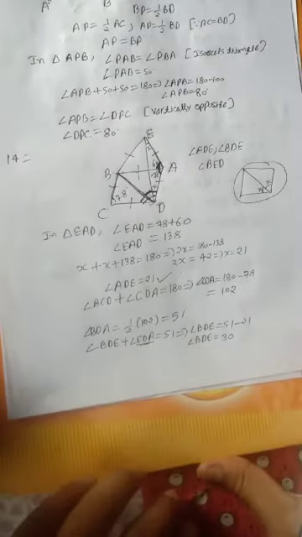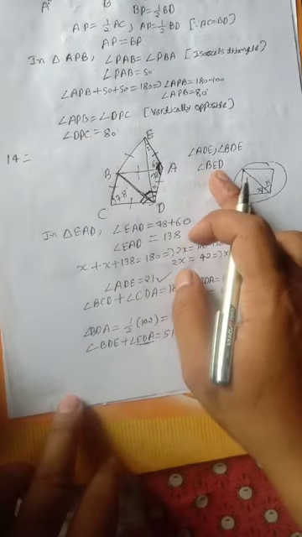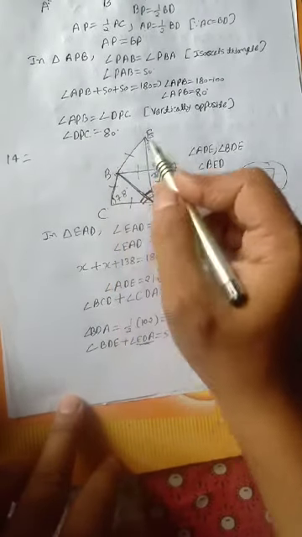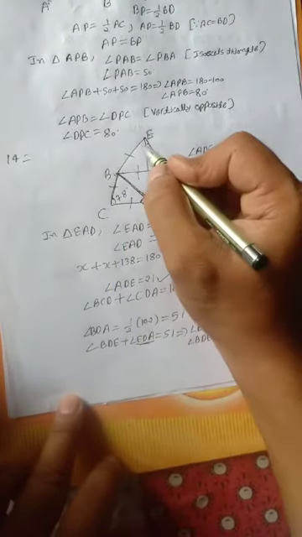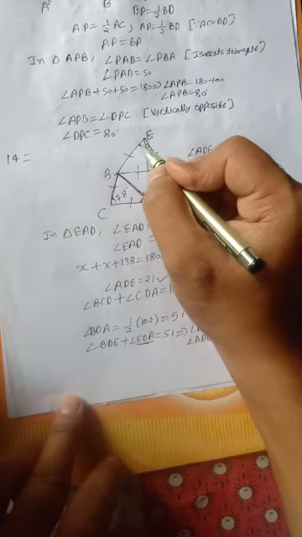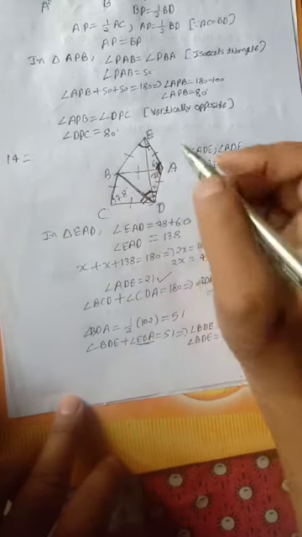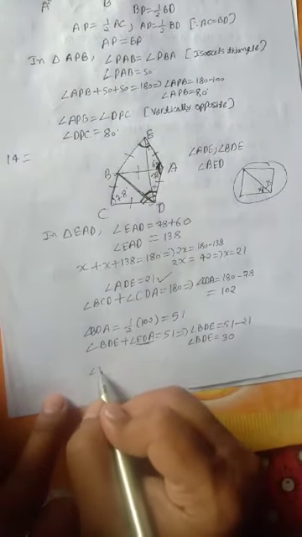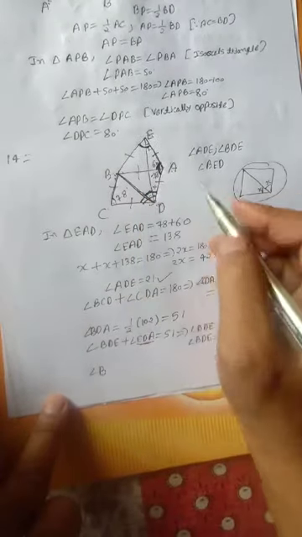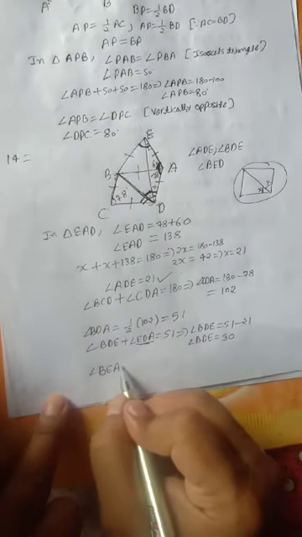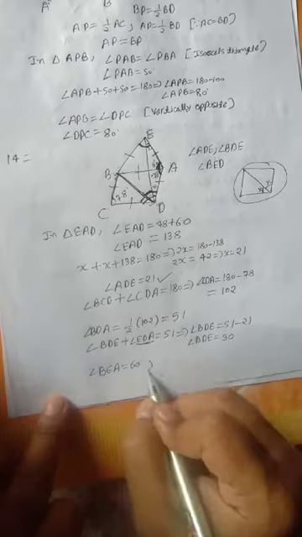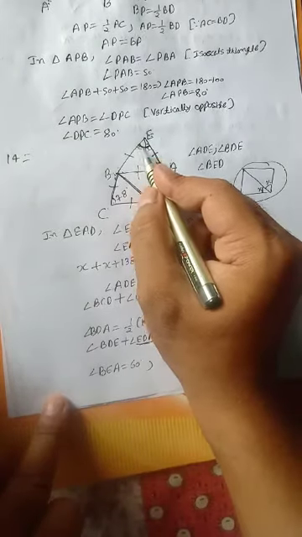Okay, now the next, angle BED. We know that this is an angle of an equilateral triangle, and this is equal to 60. Angle BEA equals 60, and we have to find this angle. Angle BED plus this angle DEA makes the whole angle 60 degrees, because it is the angle of an equilateral triangle.